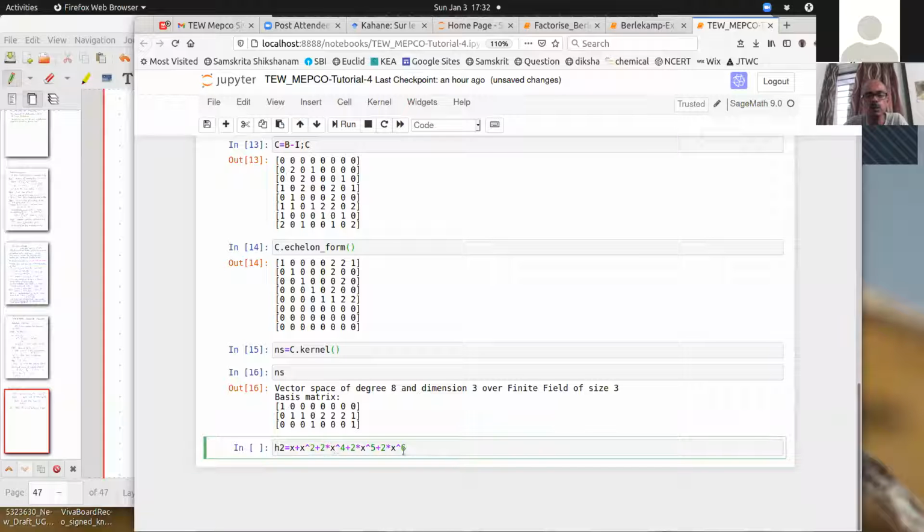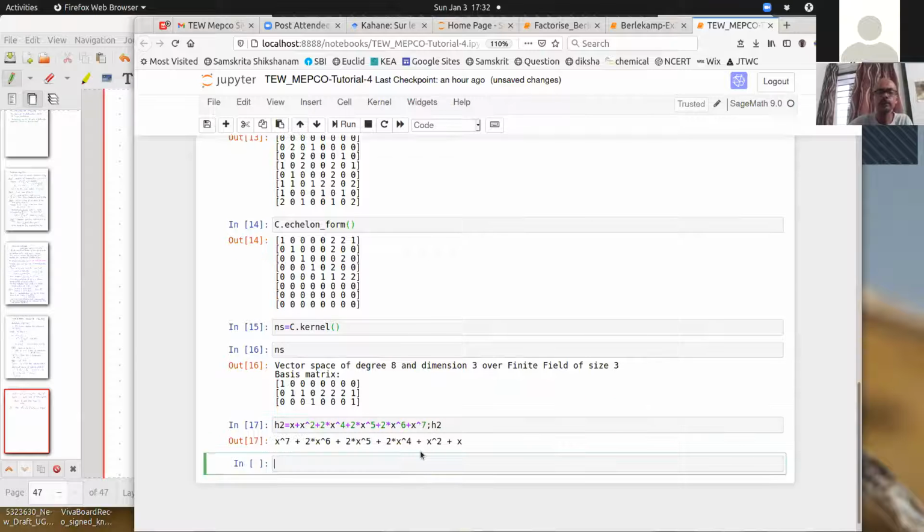So 2, 2, and 2. And the seventh power comes with coefficient 1. So x to the 7. Let's see, it looks fine. So x to the 7, 2x to the 6, 2x to the 5, 2x to the 4, and x squared plus x. So that's our first polynomial.